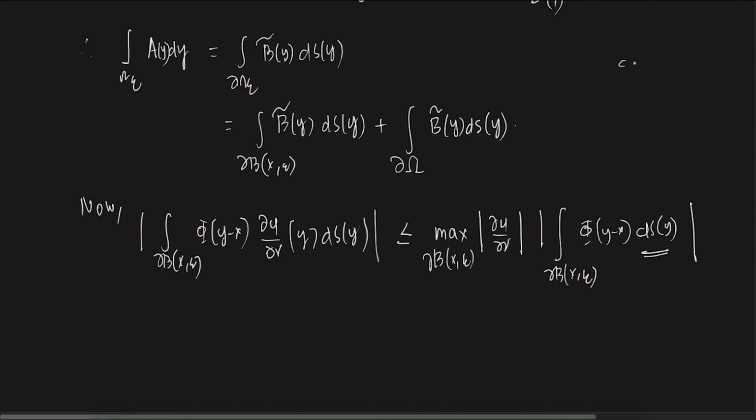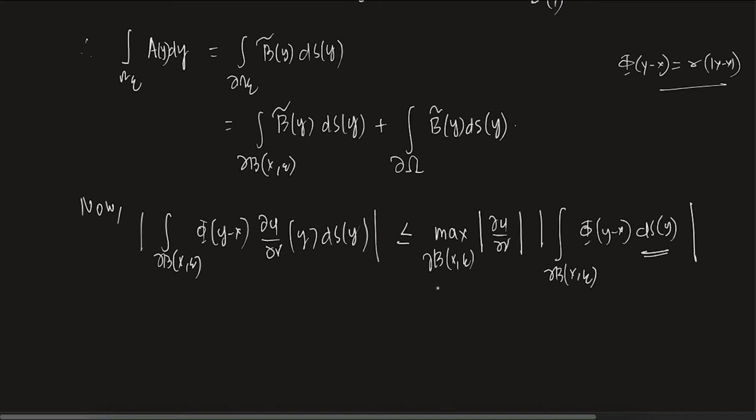As you know, phi of y minus x is some function r of mod y minus x, because phi is a radial function. If it is a radial function, it is constant on the boundary, so you can just take the maximum of phi outside.